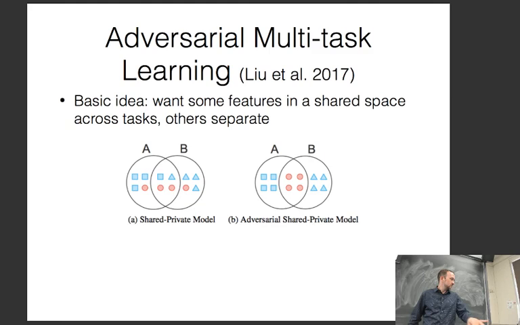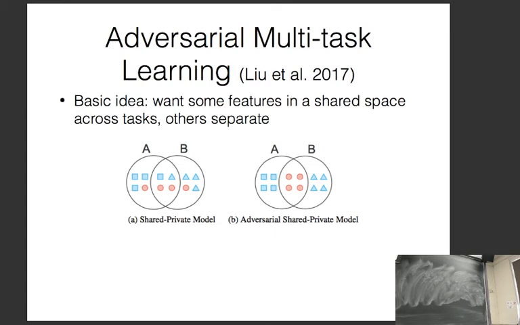The idea here is you can train a model where some of the features are shared between the two tasks and some of the features are not shared between the two tasks. But if you just train the model as is, some of the stuff that's relevant to both tasks will leak into the private representations, and some of the stuff that is not relevant to both of the tasks will leak into the shared representation that both of the tasks use.